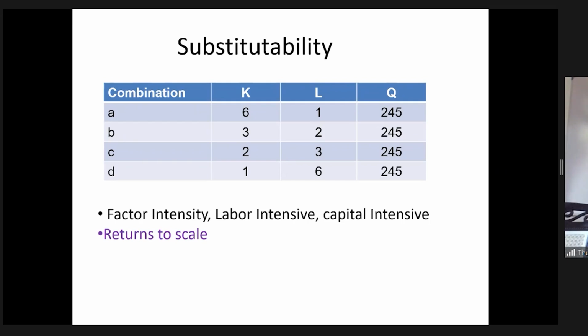If both production factors increase by 10%, our output also will be increased by 10%. This is known as constant returns to scale, but the concept is returns to scale. When you enhance your scale, or when you increase your scale, what happens to your output? This is called returns to scale.